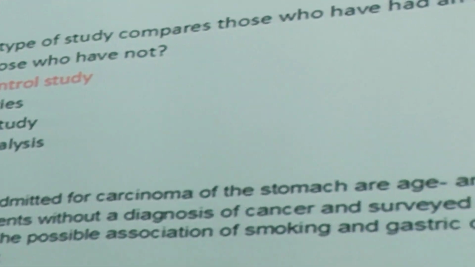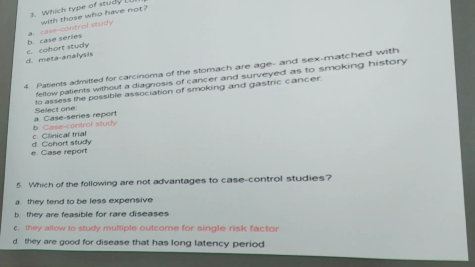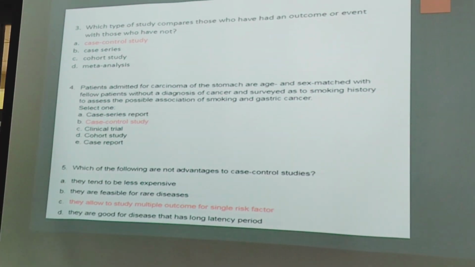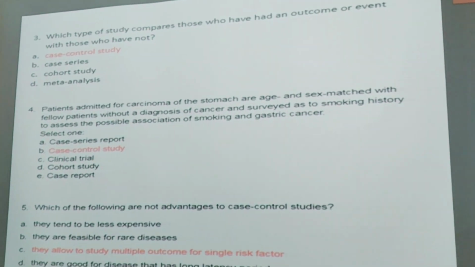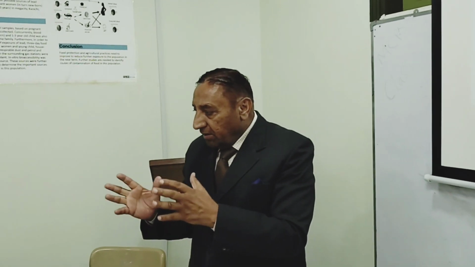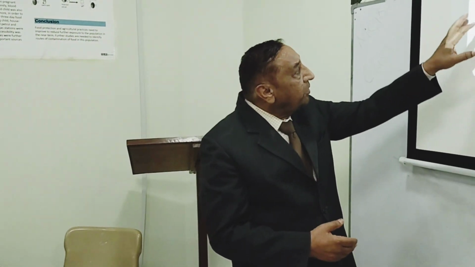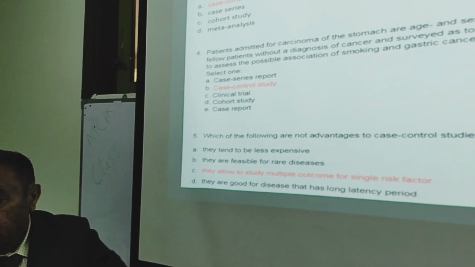The answer is in the red line: it will be a case control study. The second question compares carcinoma patients with smoking and those without carcinoma but with smoking. This type of study here also will be case control.